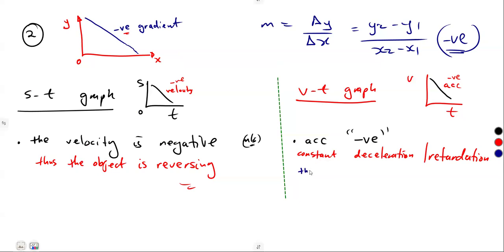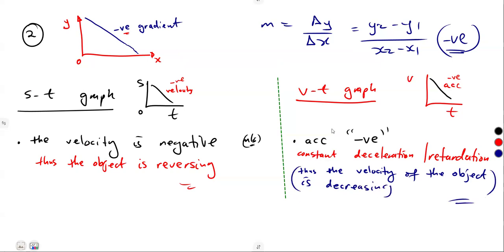So thus, the velocity of the object is decreasing. That is the concept of a negative value in acceleration. It simply means that the velocity of the object is decreasing.